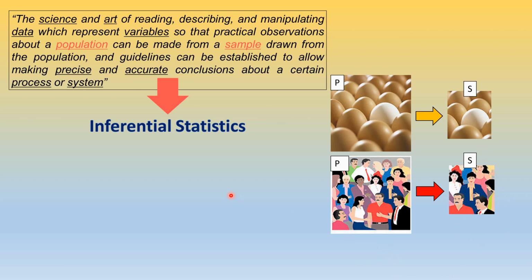Can you imagine during the election, for example, when you hear about projection of election results, and people say, well, this candidate has 55% of the votes, and the other candidate has only 45% of the votes. How did they come up with that? Well, obviously, they did not ask the entire population of registered voters.